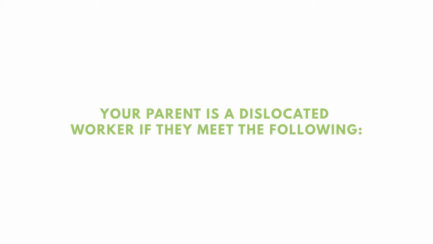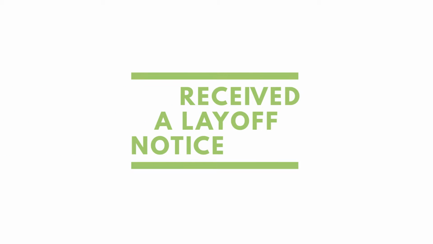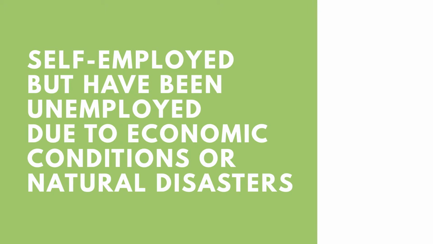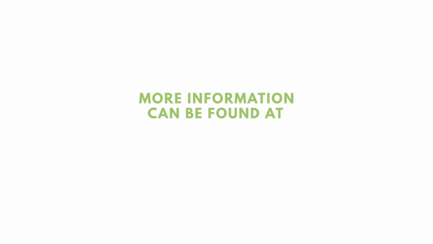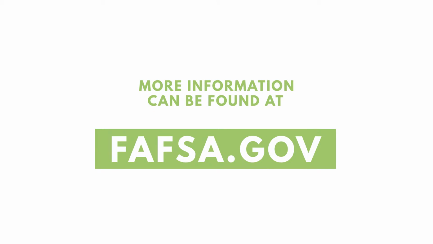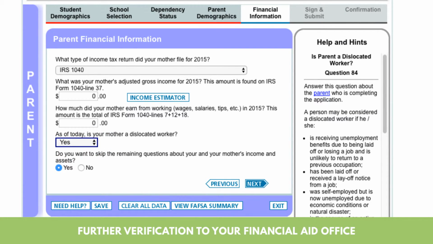Your parent is a dislocated worker if they meet the following: have lost their job, have been laid off, received a layoff notice, are self-employed but have been unemployed due to economic conditions or natural disasters, or are displaced homemakers. More information can be found at fafsa.gov. Answering yes to this question may result in providing further verification to your financial aid office.